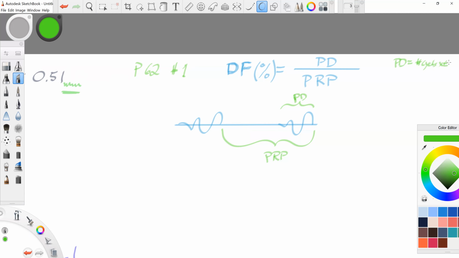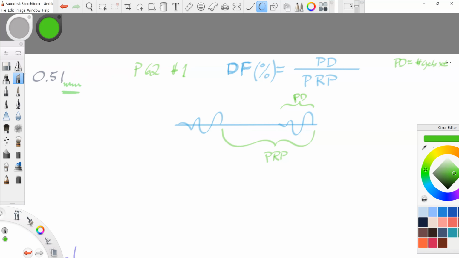Duty factor is equal to pulse duration over pulse repetition period. So listening time has a big effect on the PRP.